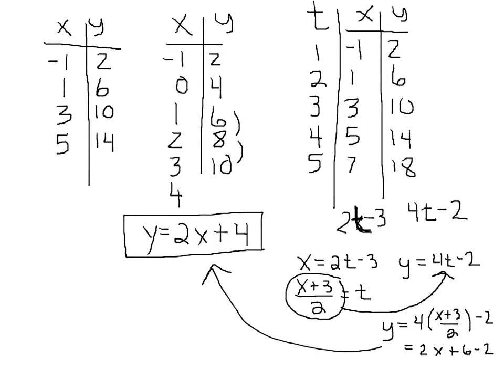Although this problem was probably easier without parameters, I had to expand it to get there. And some problems, when they don't come out all nice, like 2x plus 4, will actually be harder. So it's better to use parameters if you're stuck.